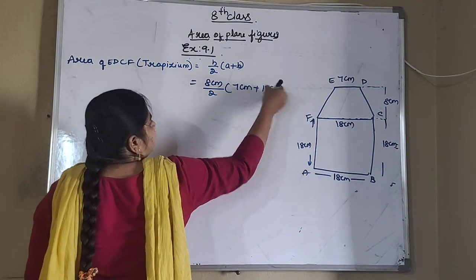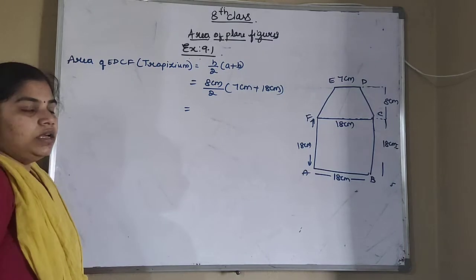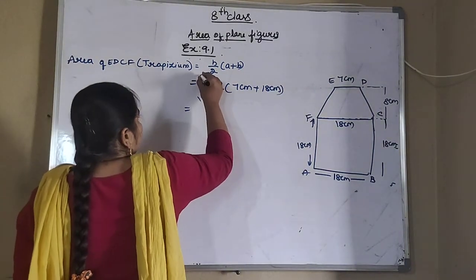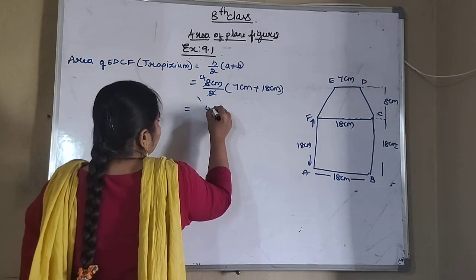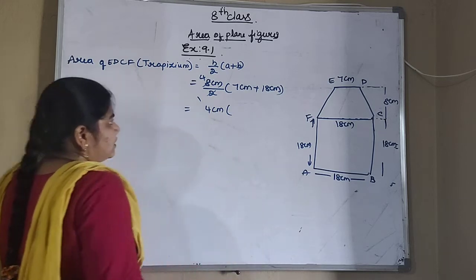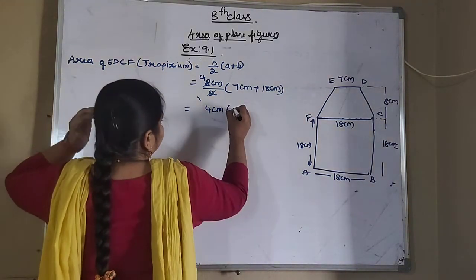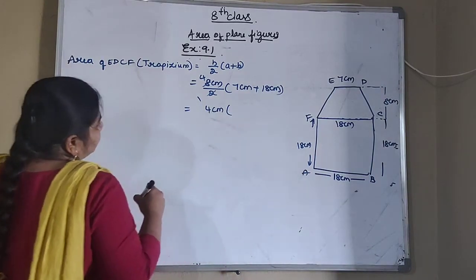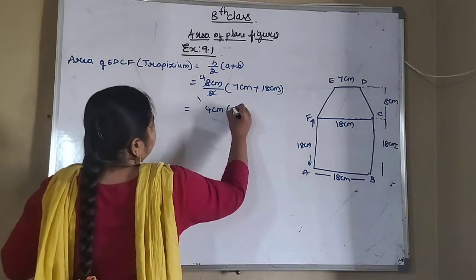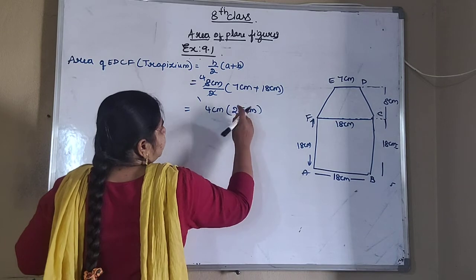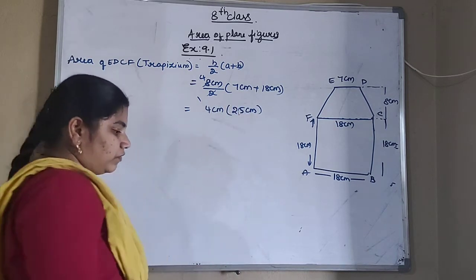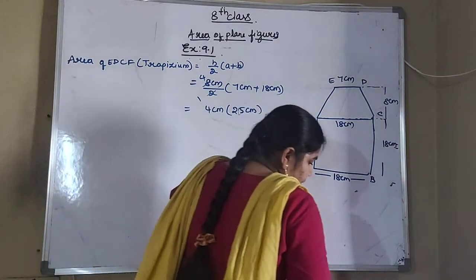So now 2 fours are 4 centimeters into 18 plus 7. 18 plus 7 will be 25 centimeters.